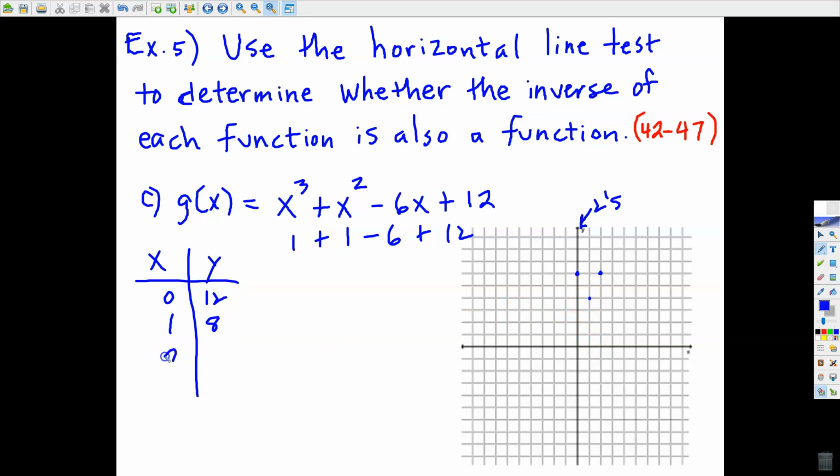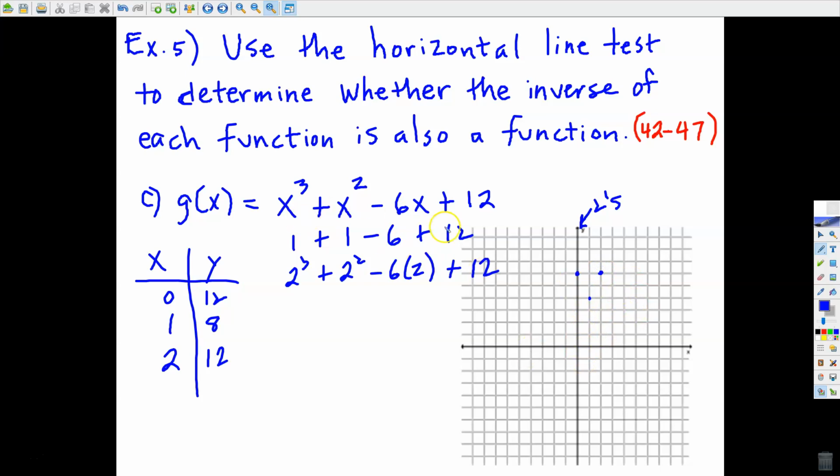And if I input 2, 2 cubed, which is 8, plus 2 squared, which is 4, 8 plus 4 is 12, minus 6 times 2. So 8 plus 4 is 12, minus 12 is 0, and then we've got this plus 12. So I get 12 again. Okay, so here's an example.